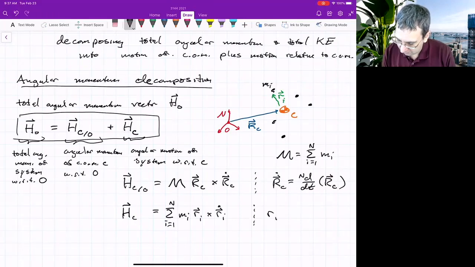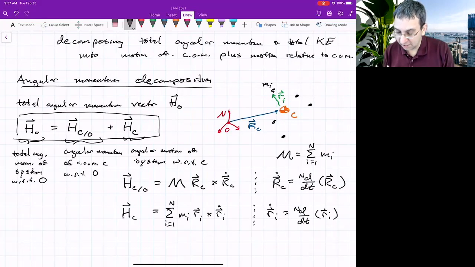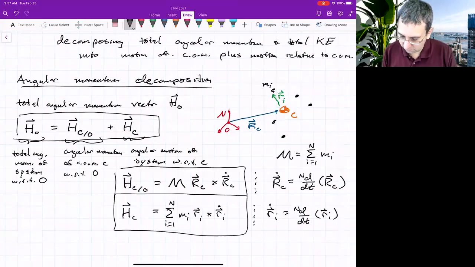And again, little r_i dot is the inertial derivative of little r_i, the location of particle i with respect to the center of mass. So there we go, and we'll revisit these later. This is general. This is true for any system of particles.